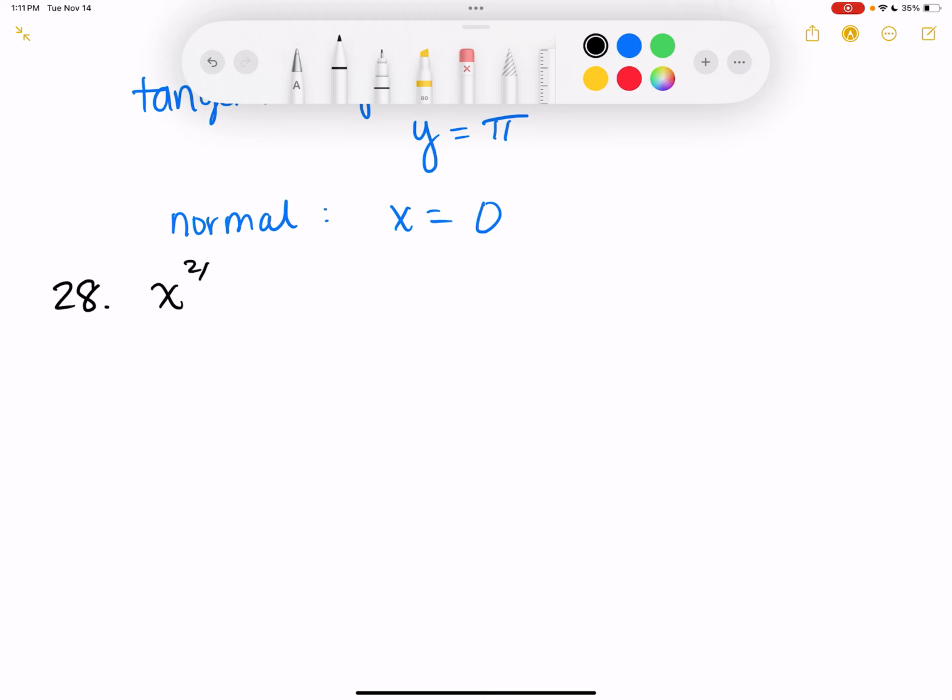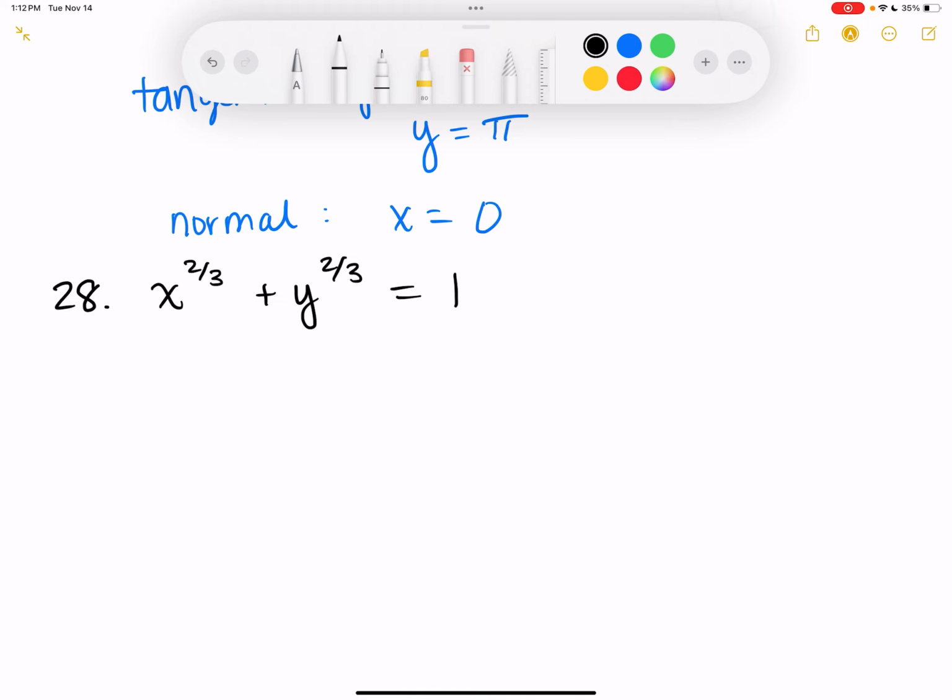X to the 2/3 plus y to the 2/3 equals 1. I thought I heard 'I want my heart to be broken,' and I was like, are you okay? I don't think I've ever heard anybody say that they wanted that before.